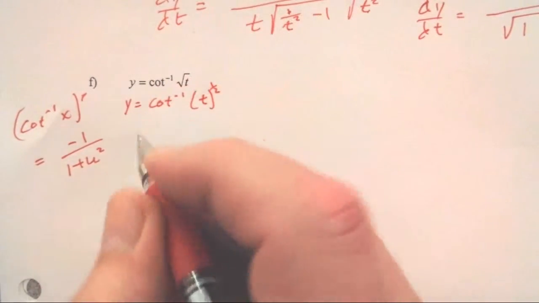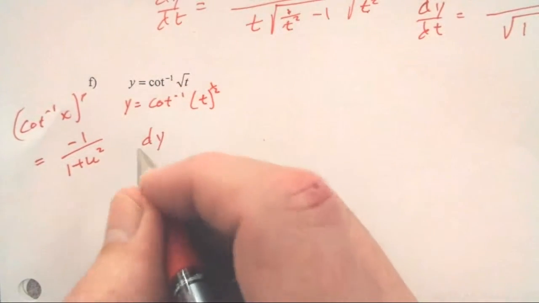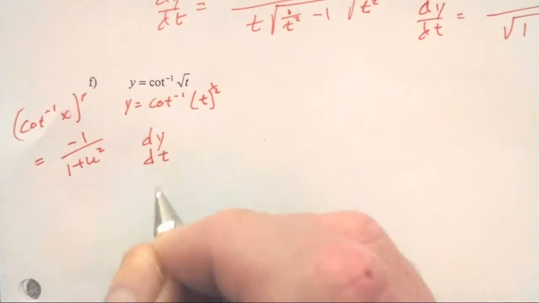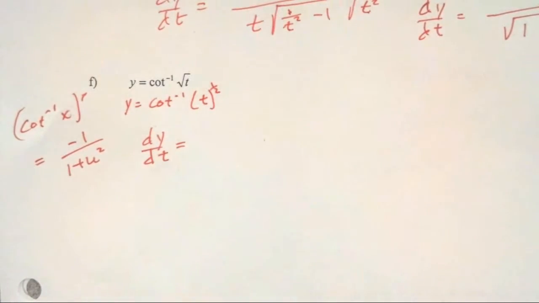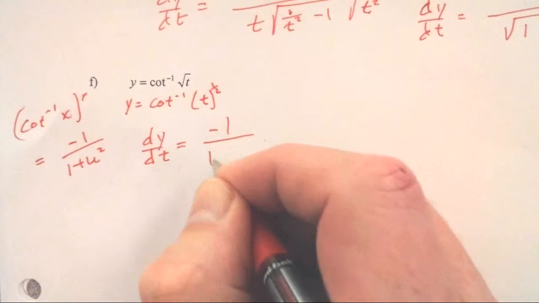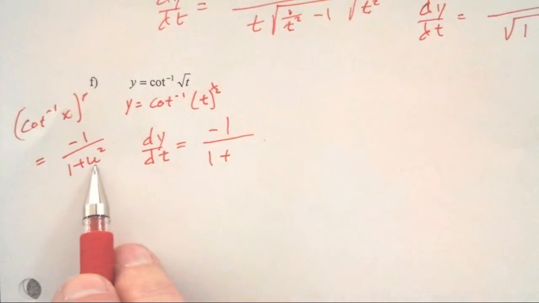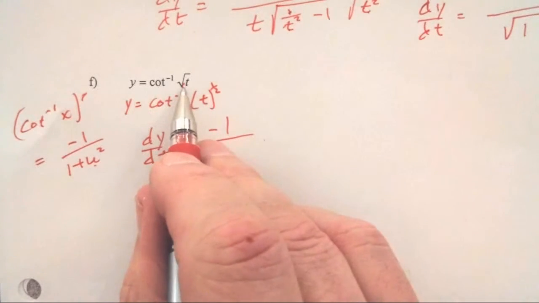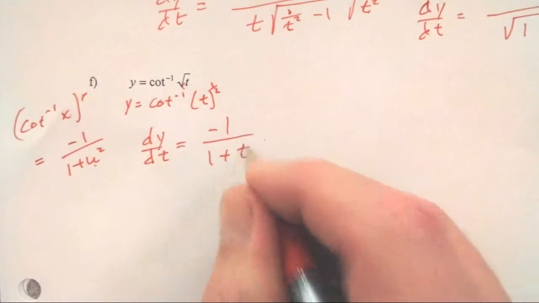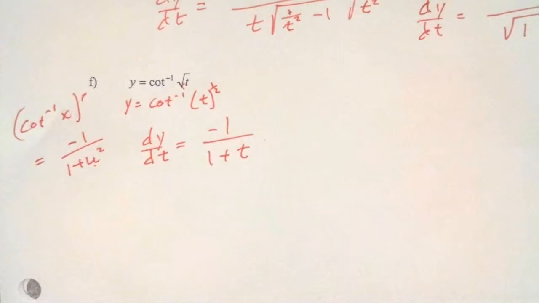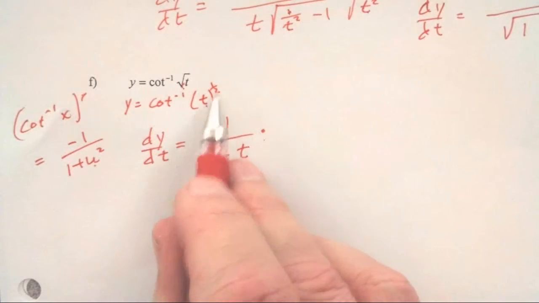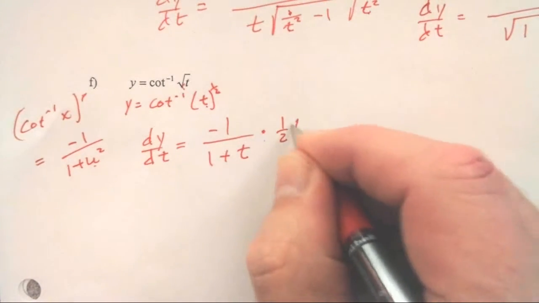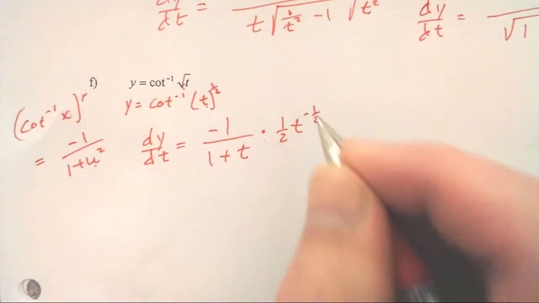So if y equals this, then what am I going to do? The derivative of y with respect to t becomes negative 1 on 1 plus, I would square this if this was x or t, but it's not, it's square root of t, so I square the square root of t and I get t, times the inside derivative. The derivative of t to the 1/2 is 1/2 t to the negative 1/2.